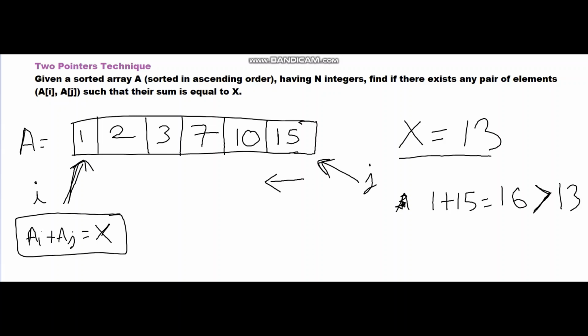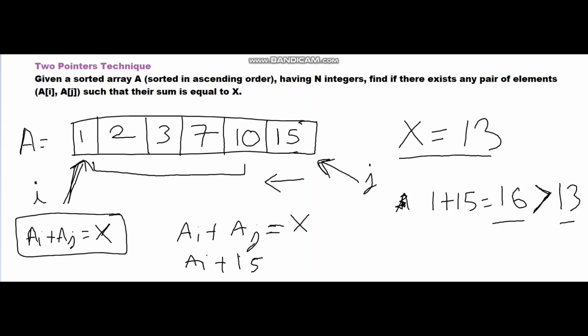Now let me tell you why. Since we know that 16 is greater than 13, consider that we have two numbers ai and aj, and their sum should equal x. This is what we want to achieve. We have already seen that aj is 15, and let's suppose ai can be any element from 1 to 10, and x is a constant 13.